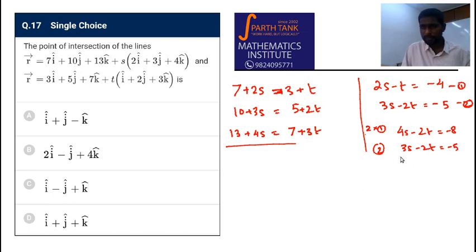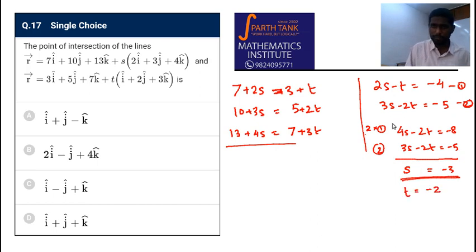Clear? So this, when you subtract, these terms are cancelled, and I would get s is equal to minus 3. Now this substituted here would give me t is equal to minus 2. In any of these equations, we get t is equal to minus 2.